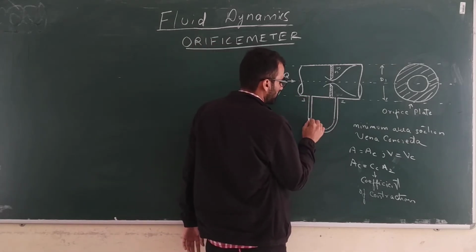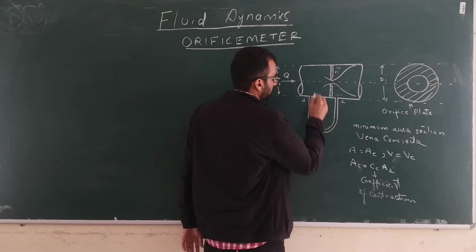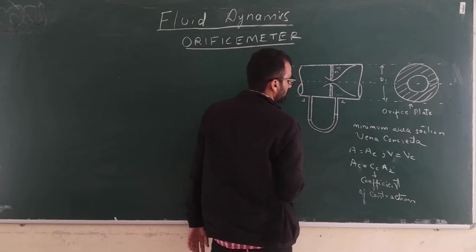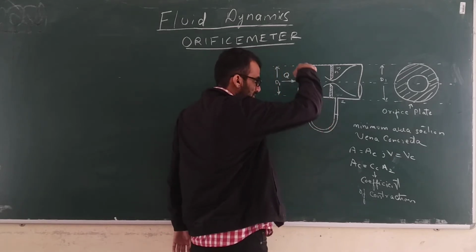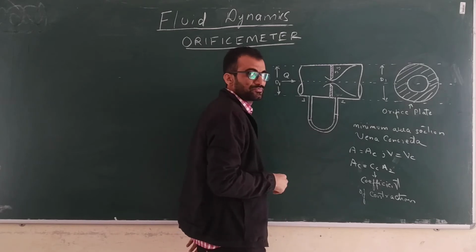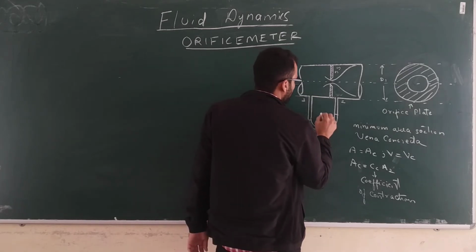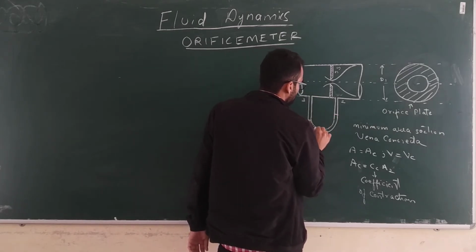Now see, if you have a manometric liquid which is heavier than the pipe fluid, then what will happen? Pressure here is more, so it will press down the manometric liquid and you will get a difference like this.